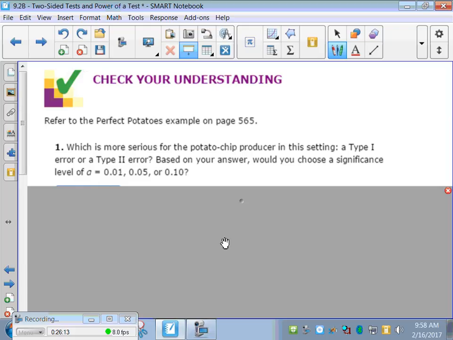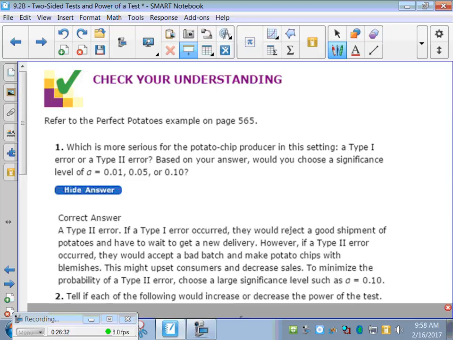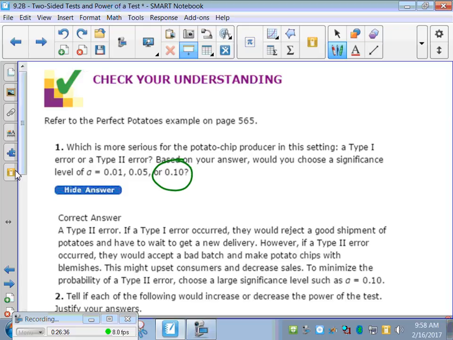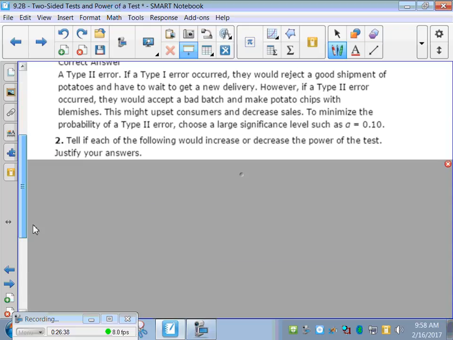So that's worse because if we make bad potato chips, we're going to lose customers and sales, okay? So we don't want to do that. And so which significance level is the best one for avoiding a type 2 error? Ginger. Yep. So this one's the best one because it is the largest significance level.